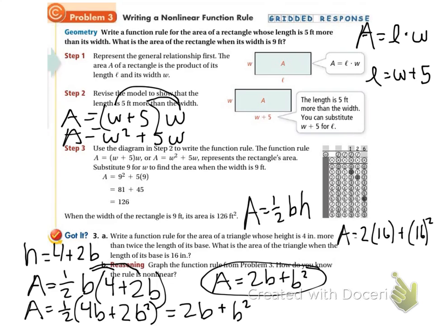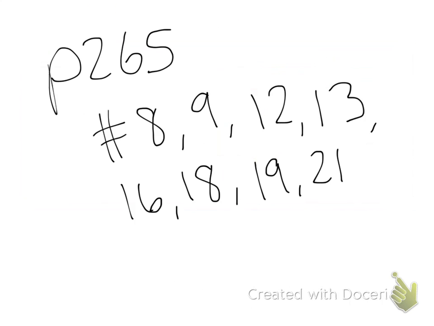So we're going to simplify this. 2 times 16 is 32 plus 16 squared is 256. 256 plus 32 is 288. So the area is 288 inches squared. And there's your homework.